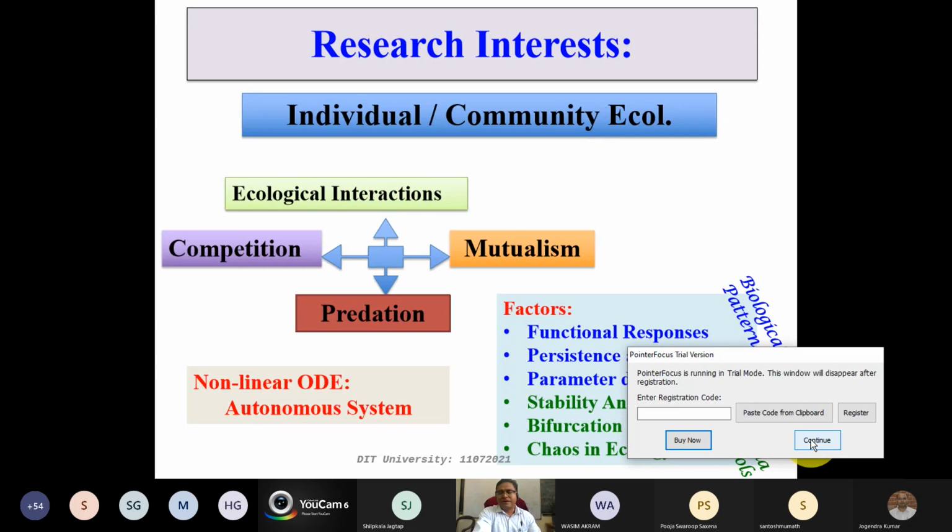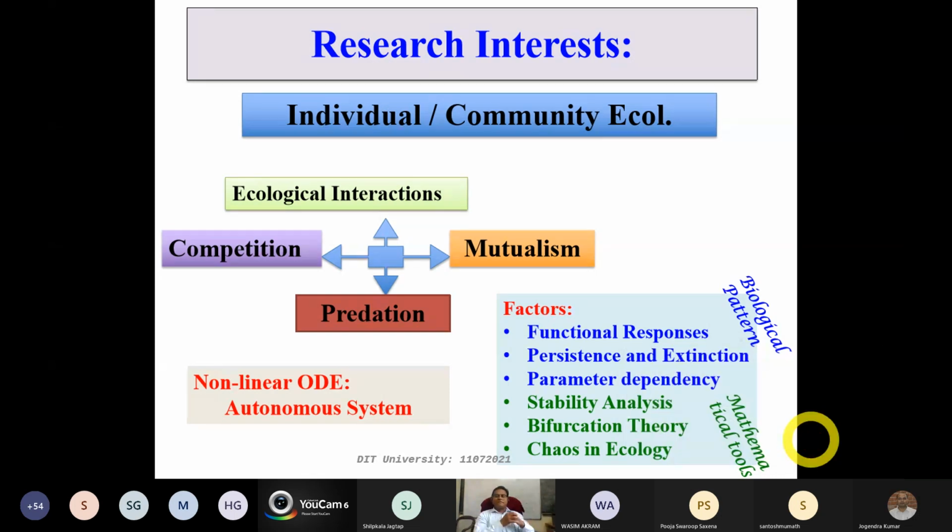Basically, in ecology or the ecosystem, you will observe that most, not all, but most ecological phenomena can be modeled using just the autonomous system, right? And once you have that, what are the biological factors which shape or regulate our system?